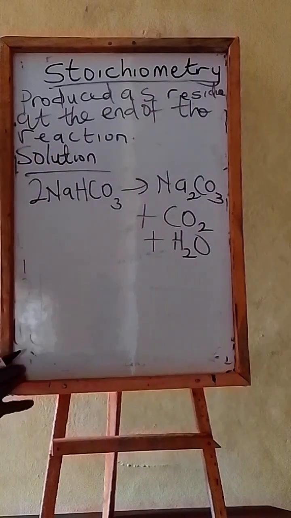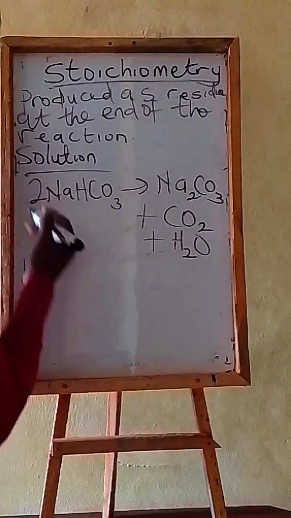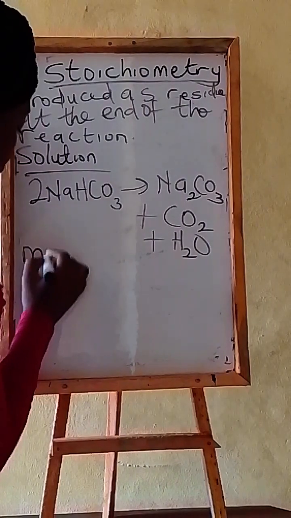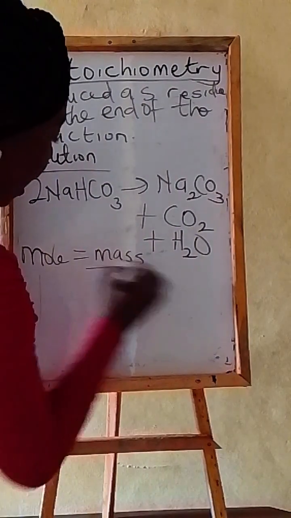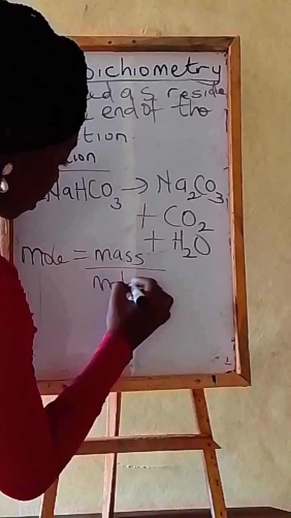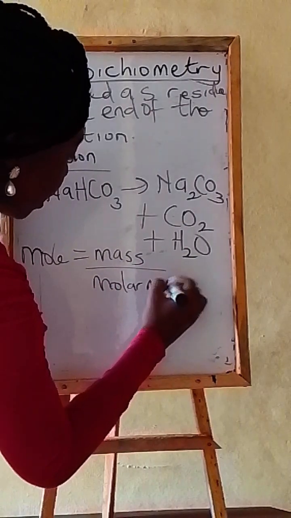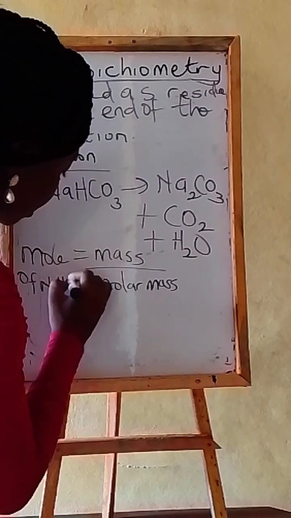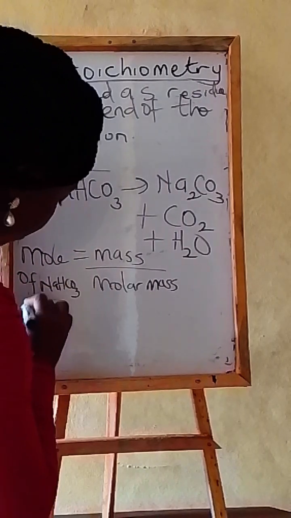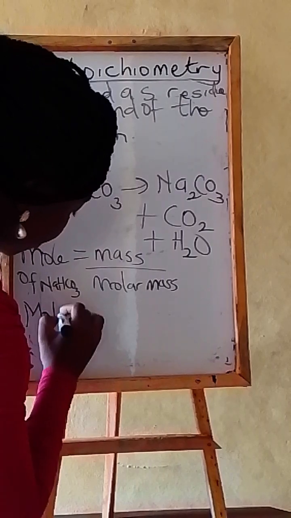So we have to calculate the mass of Na2CO3. The first thing to do is mole equals mass over molar mass. So you calculate the mole of NaHCO3.